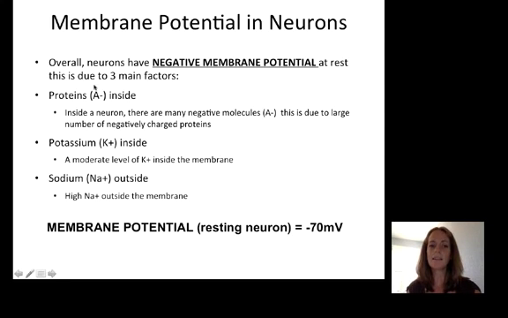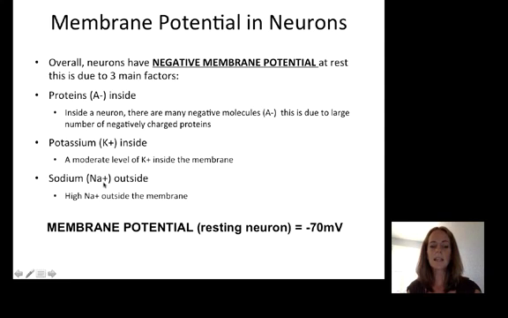And this is because of three main factors in neurons. There are a lot of negative proteins, which we're going to call A- anions. We're going to just call them generally anions inside the neuron. There is a fair amount of potassium inside the neurons. We say a moderate level of potassium inside the membrane.